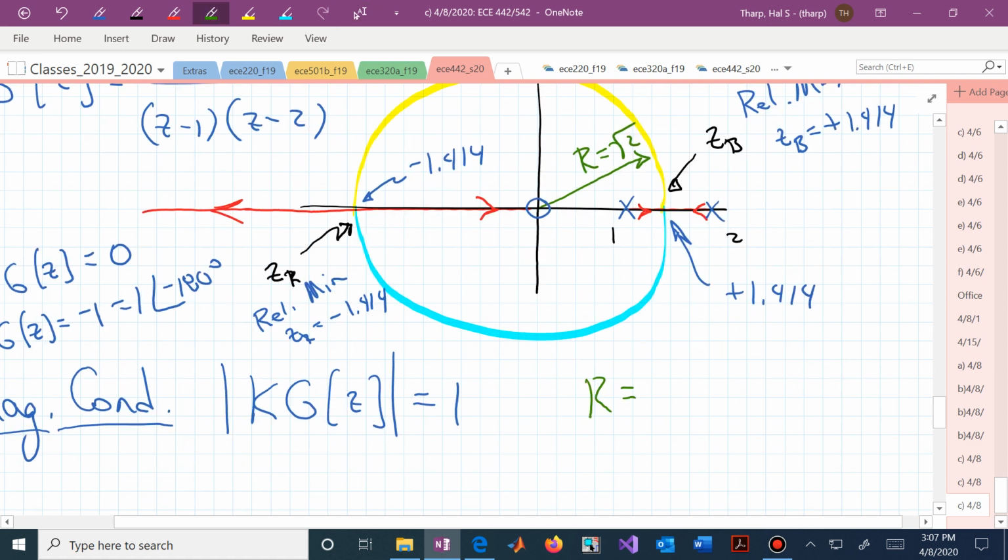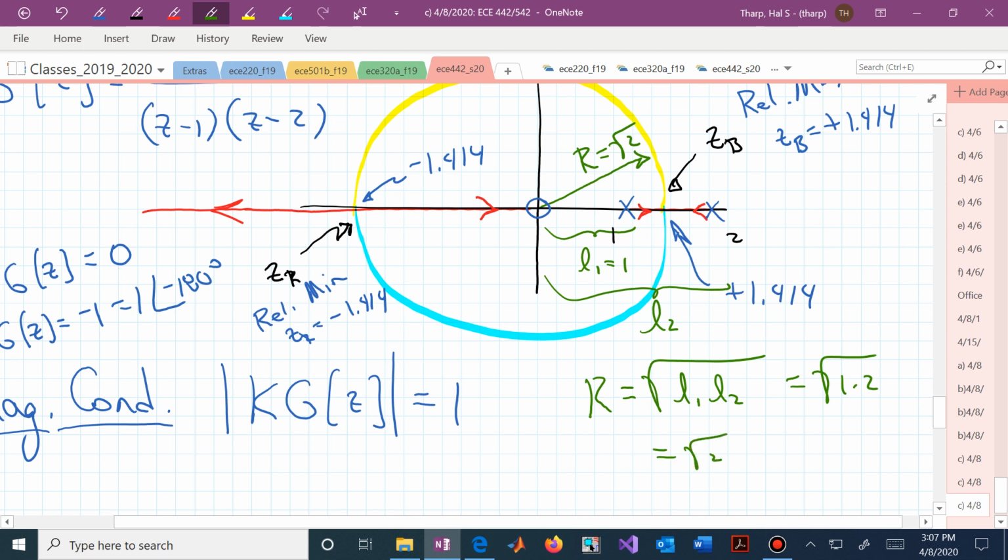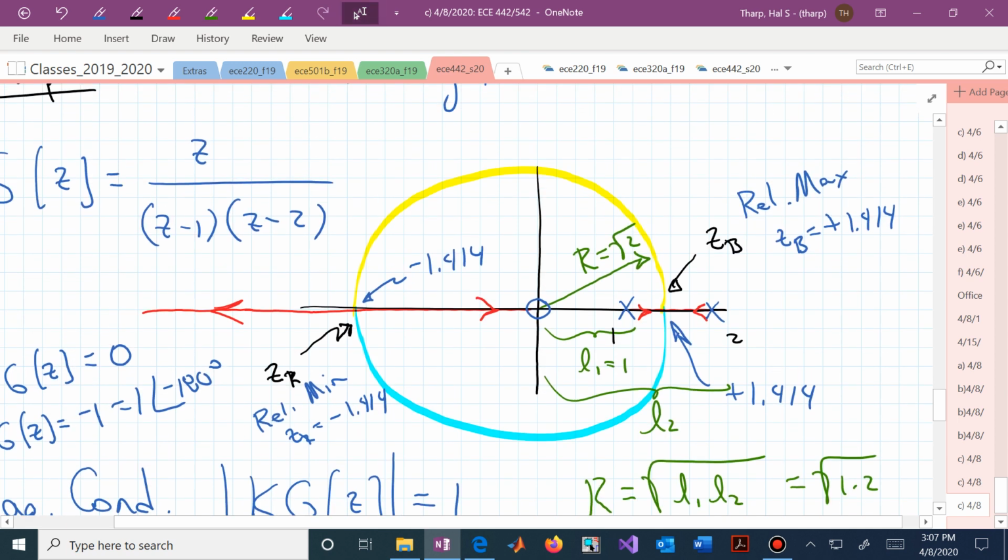That radius, if we look at it, is actually the square root of this length, which is 1, times this second length from the 0 to the second pole, L2. So this is now the square root of 1 times 2, or the square root of 2. And that is how we can quickly sketch.